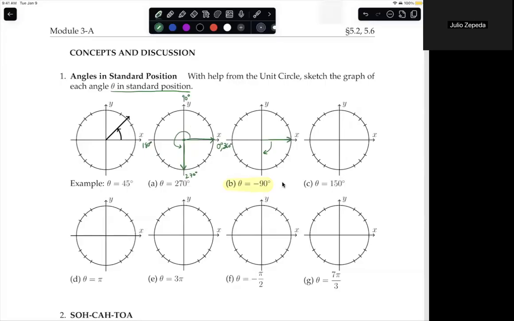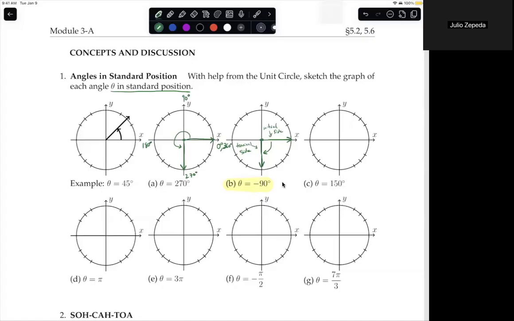So we have here at the positive x-axis is where our angle in standard position begins, and then it ends at negative 90 degrees. This side here is called the initial side, and the side where the angle ends or terminates is called the terminal side.